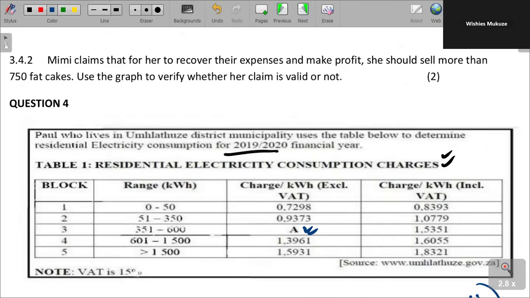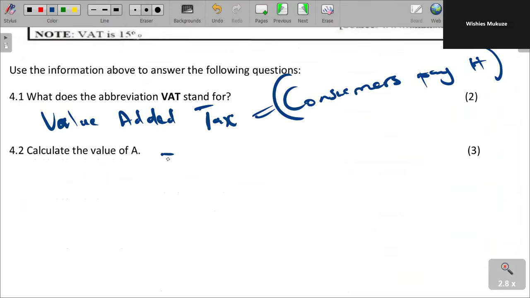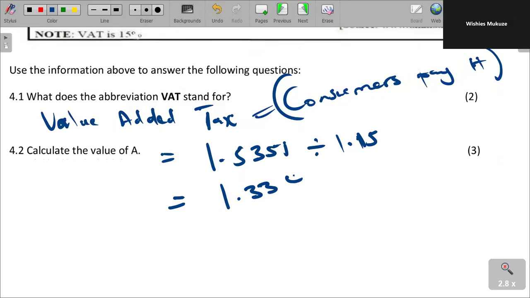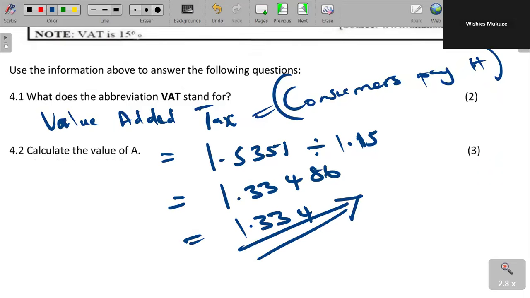So A is equal to 1.5351 divided by 1.15. When we put it through a calculator, we get 1.33486, which we can round off to 1.334.